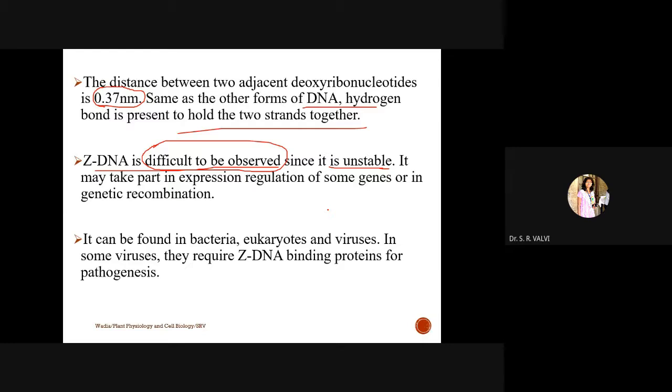So it may take part in expression, regulation of some genes, or in genetic recombination. It can be found in bacteria, eukaryotes, and viruses, right? In some viruses, they require ZDNA binding protein for pathogenesis, right? So during this Z type of DNA, Z DNA binding proteins should be there.